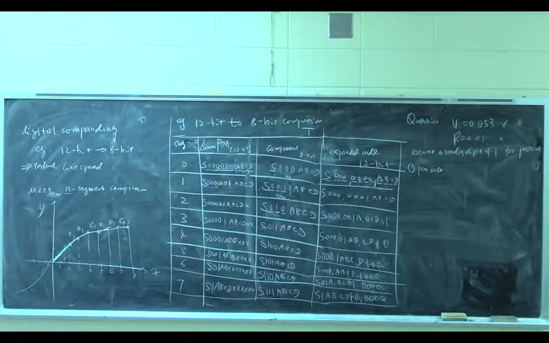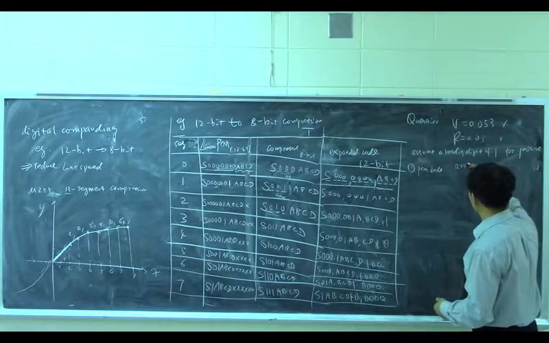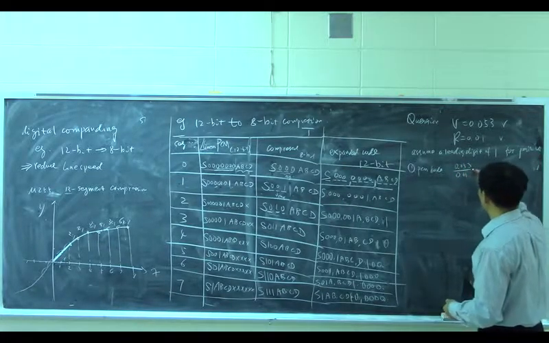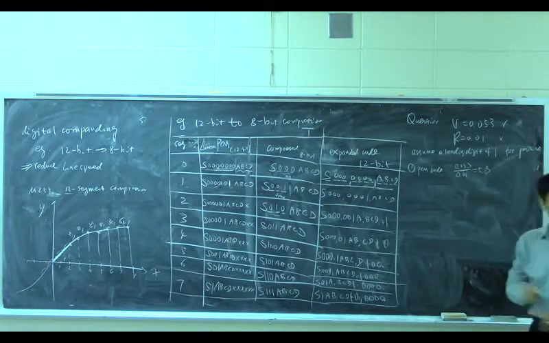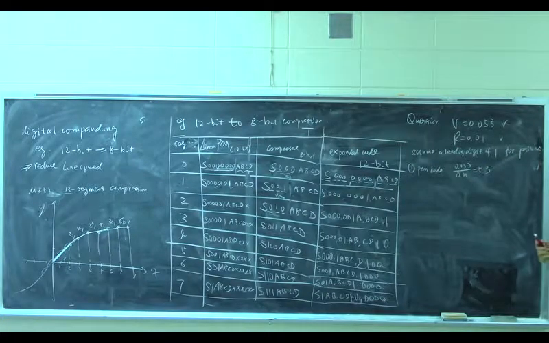Use this number divided by the resolution first, right? So 0.053 divided by 0.01 equals 5.3. What's next? Round this to 5.